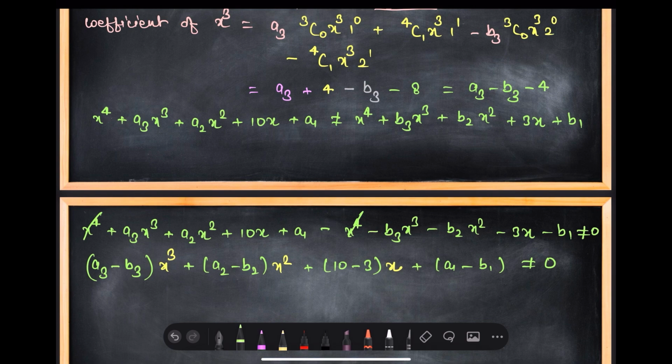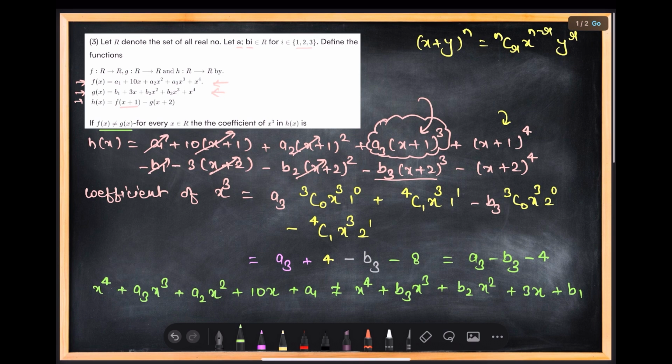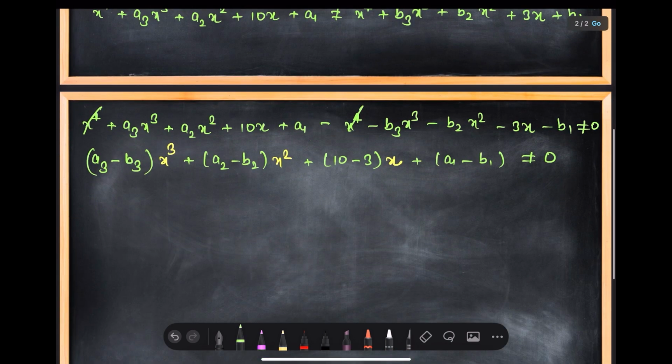Now look at the idea. They are saying that f of x minus g of x is not equal to 0 for every x belongs to R. Means what is equal to 0? Like if you write a quadratic thing equal to 0, you will get the values of x for which f of x equals 0.